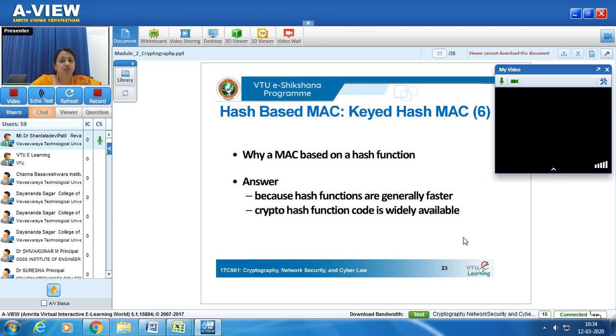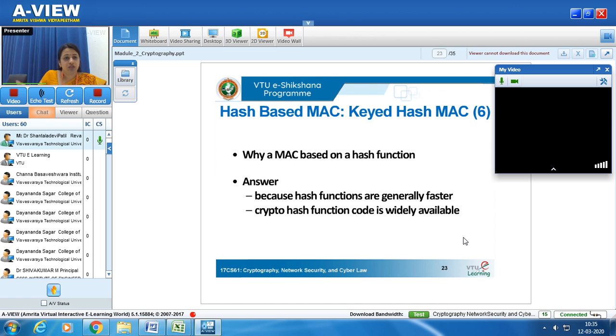Now, why is a MAC based on a hash function? We have seen the chaining method of generating a hash, wherein we use the DES algorithm, generate the output, and pass it as input to the next step. In this method we generate the MAC value.